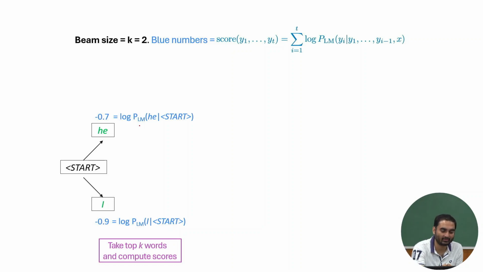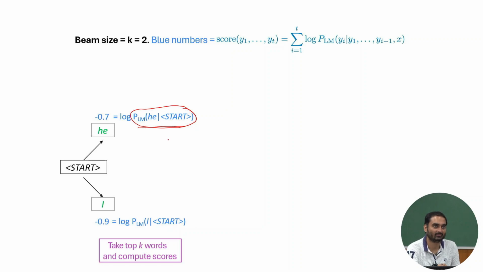And what is this log probability? How do we get it? We get the probability from the distribution, because we have this linear layer and then softmax, right? We take the log probability. The log probability is basically the sum of all the log probabilities, which is the same as multiplying all the probabilities.